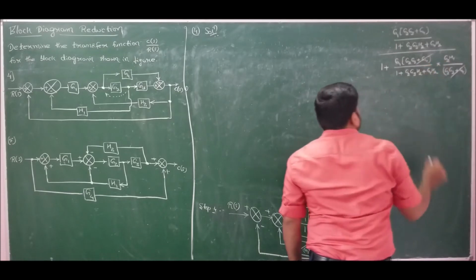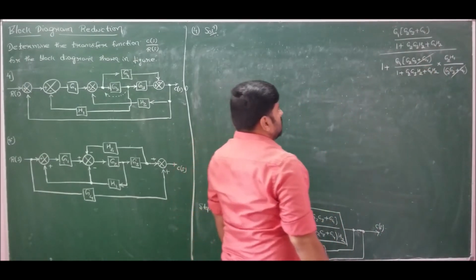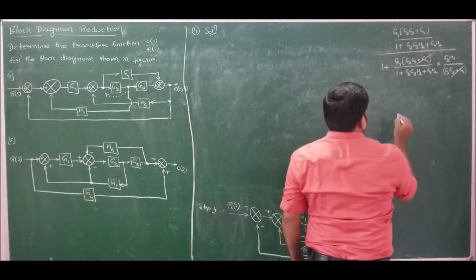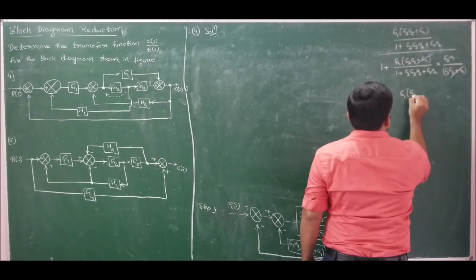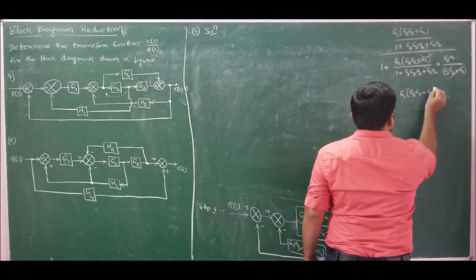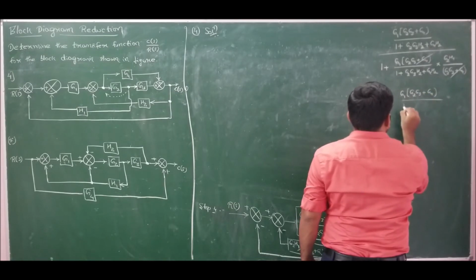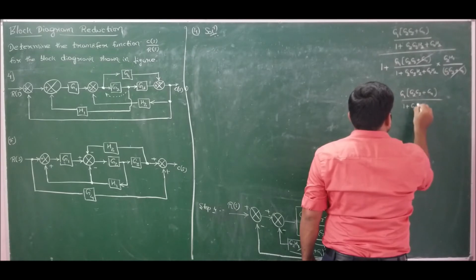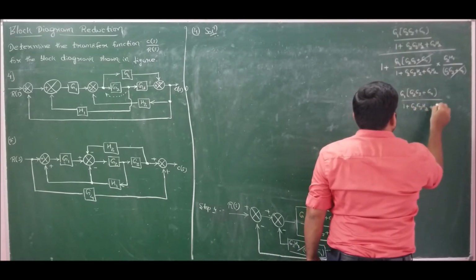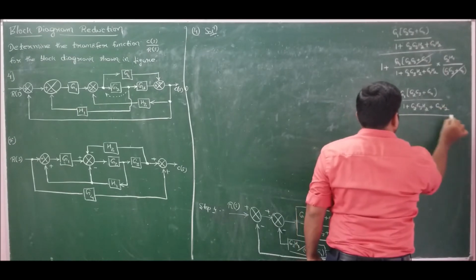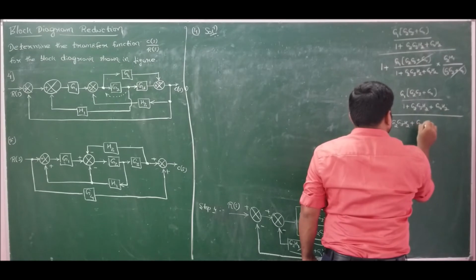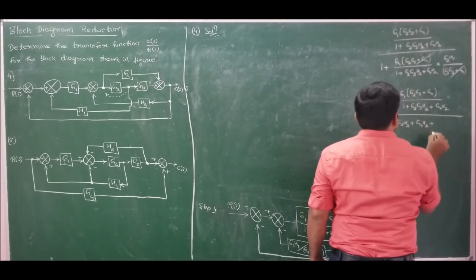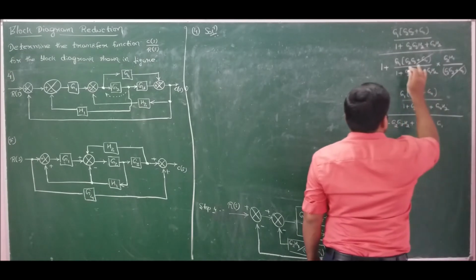So I can cancel off these two, G2 G3 plus G4, and if I take LCM, I will get G1 of G2 G3 plus G4 divided by 1 plus G2 G3 H2 plus G4 H2 whole divided by, this should come here, it is 1 plus G2 G3 H2 plus G4 H2 again plus G1 G2 H1.